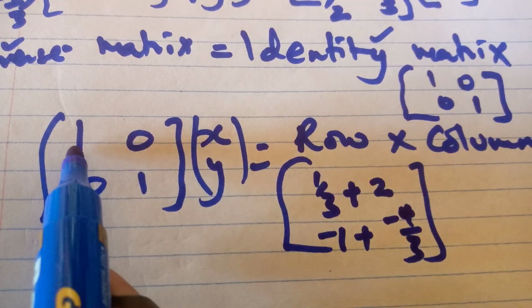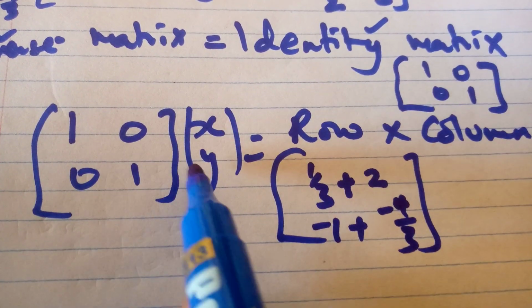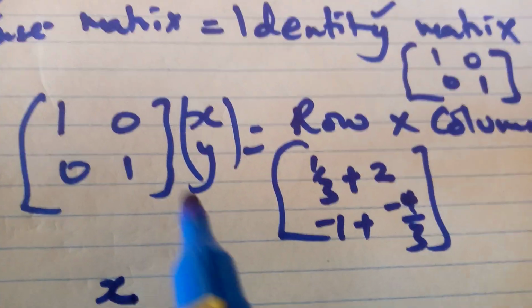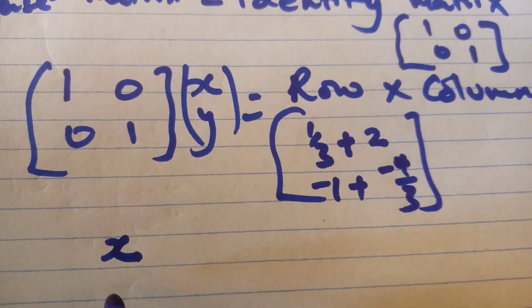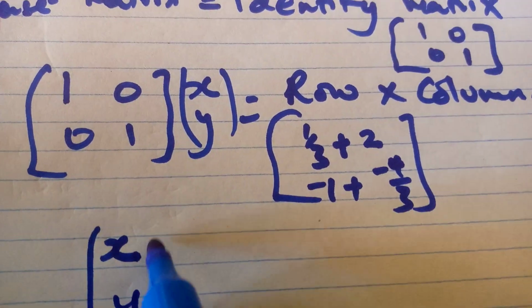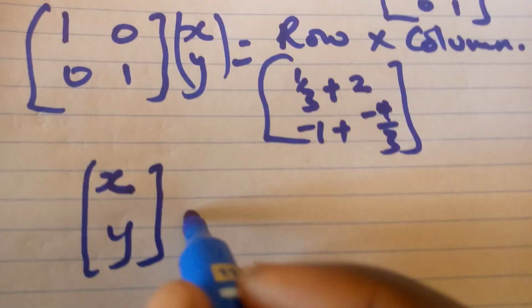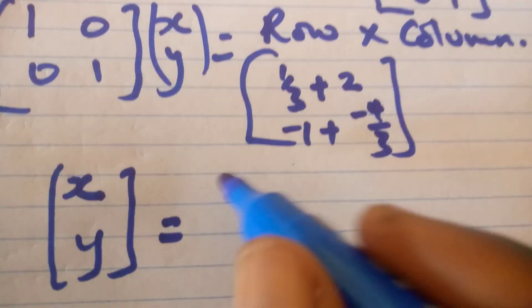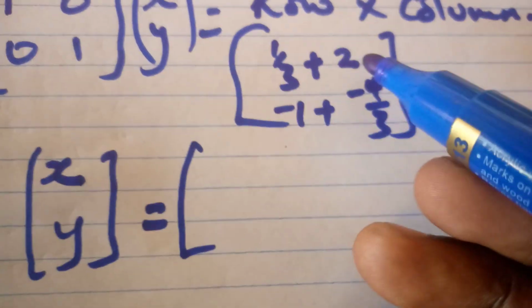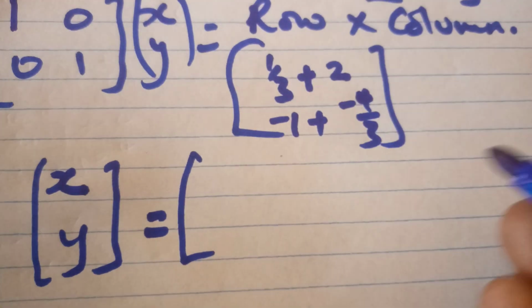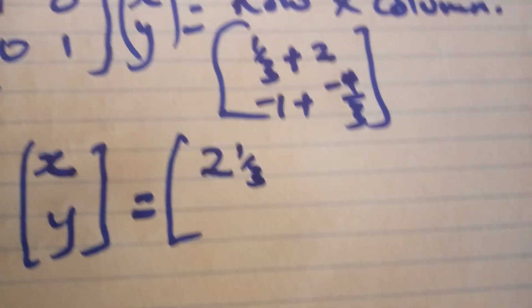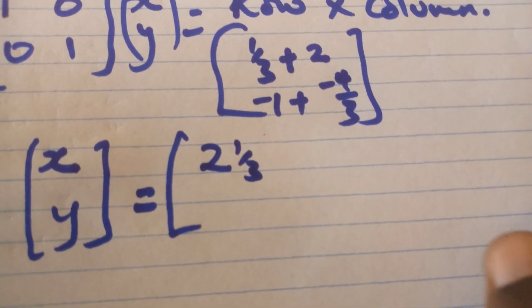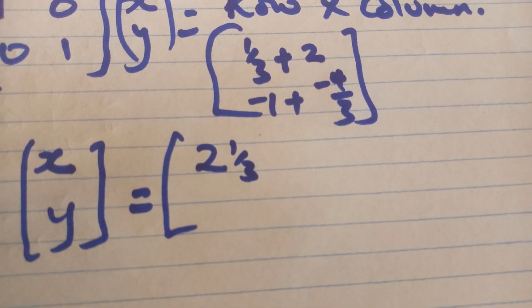On this side, if you take 1 times x, 0 times y, I have x. 0 times x, 1 times y, I have y, is equal to, adding this 2 plus a third, of course you're going to get 2 and a third.